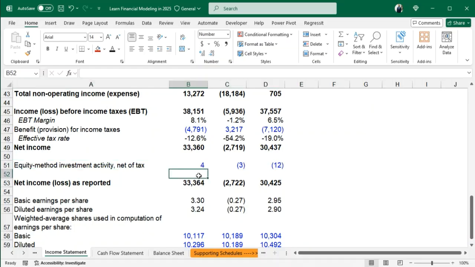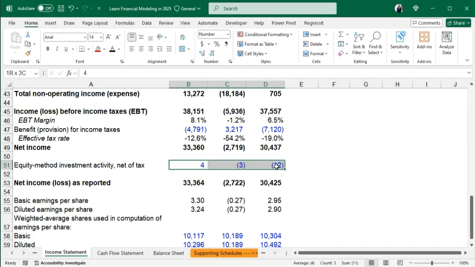An associate is simply another business in which the company we are considering, which is Amazon.com, has interest in. So such an interest doesn't give control, but it gives a certain form of influence by Amazon over such companies. So these amounts, these income or expenses, are what we have incurred from our investment in those associates. All right, so that is what you are having as the equity method investment here.